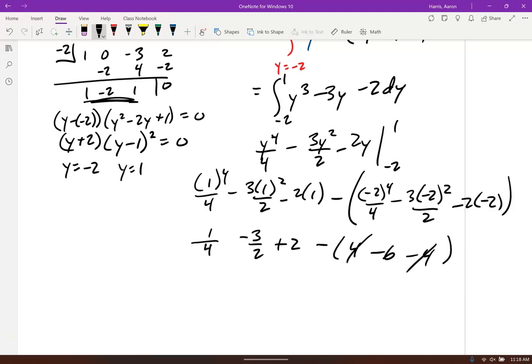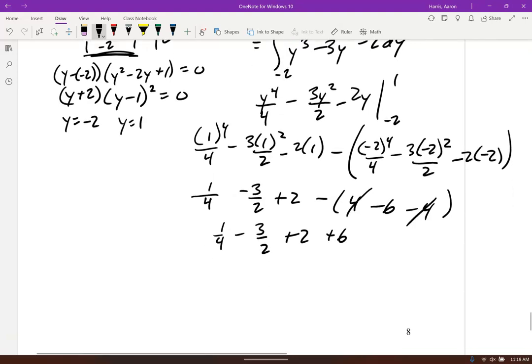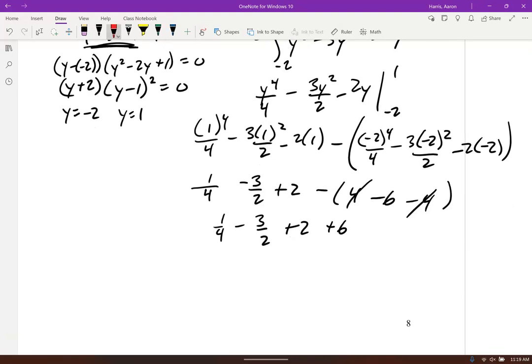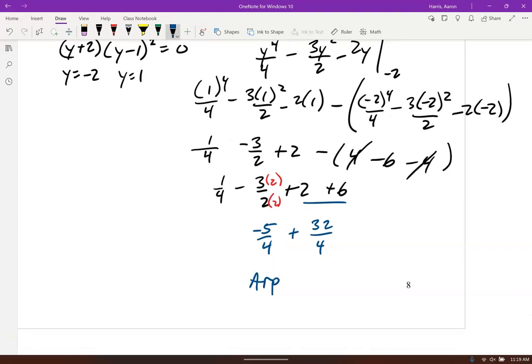Four minus 4 is gone. We have 1/4 minus 6/4, 5/4 plus 8. Well, 8 is 32/4. So it looks like this area ends up being 27/4.